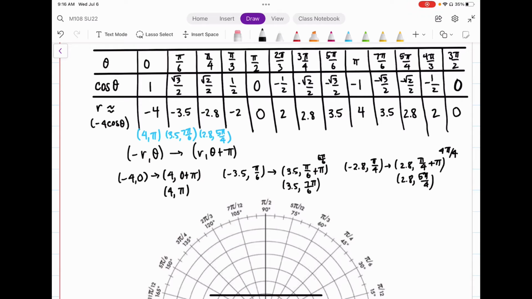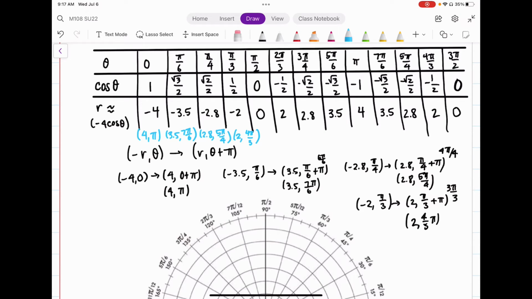And then the last one where r is negative, we have -2, 2 pi over 3. That's positive 2, 2 pi over 3 plus pi, and that's 3 pi over 3, so that I can add 2 thirds pi plus 3/3 pi. That's 4/3 pi. And so this is the ordered pair 2, 4 pi over 3.